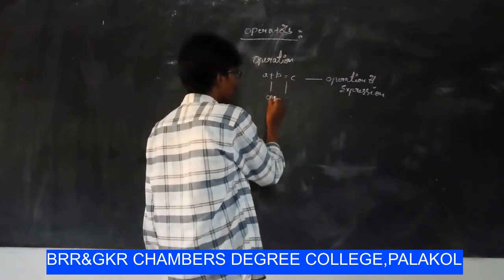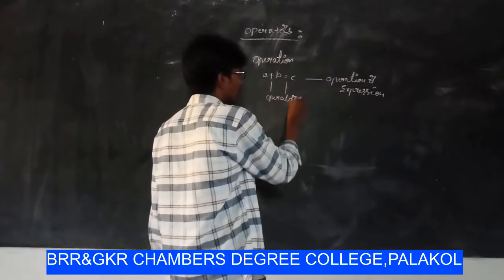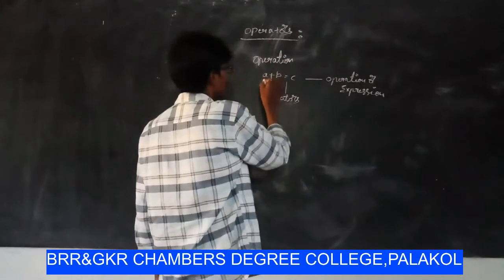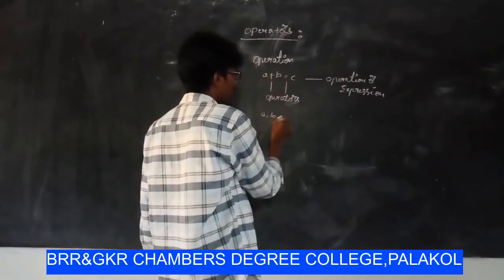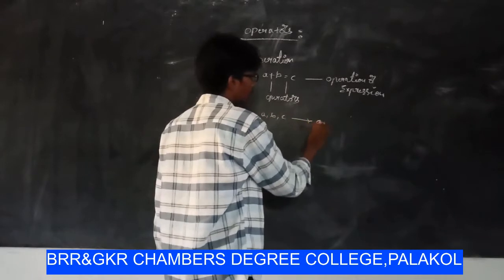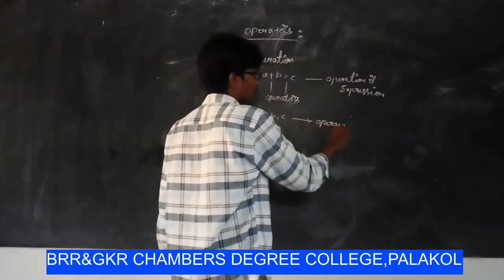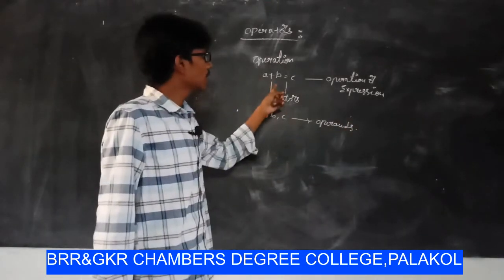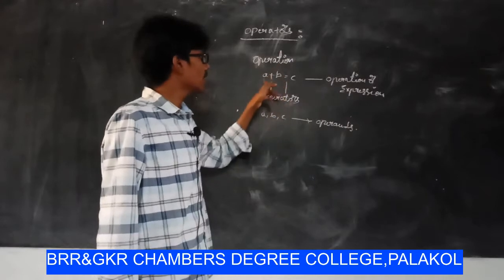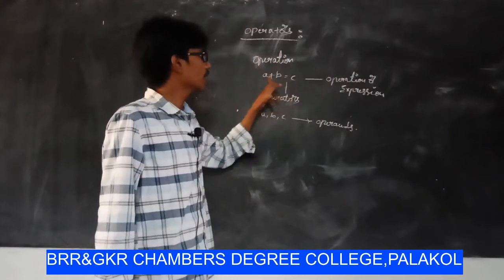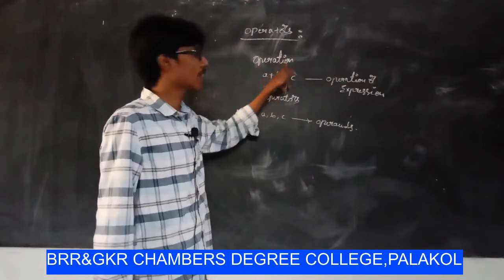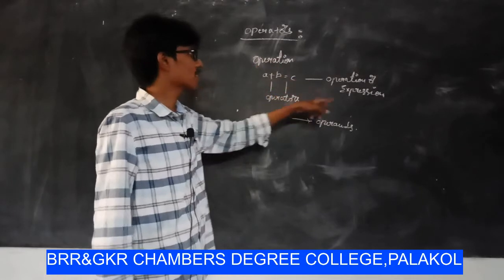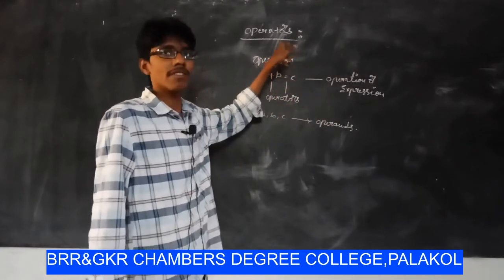These are called operators, where a, b, c are operands. Coming to the definition, an operation is performed between the operands; we use an operator to do an operation. Okay, the total of this is an operation or expression using different operators.